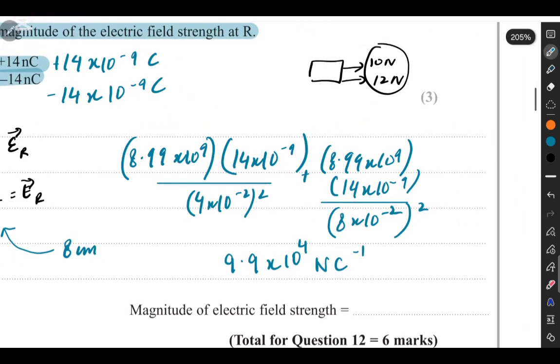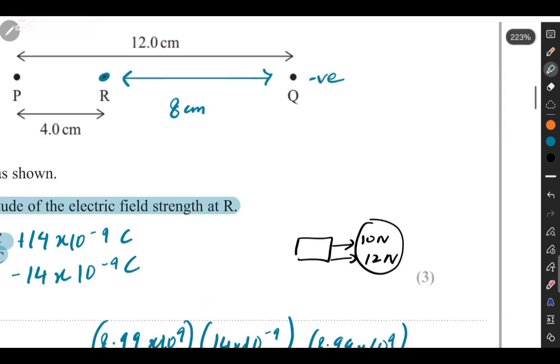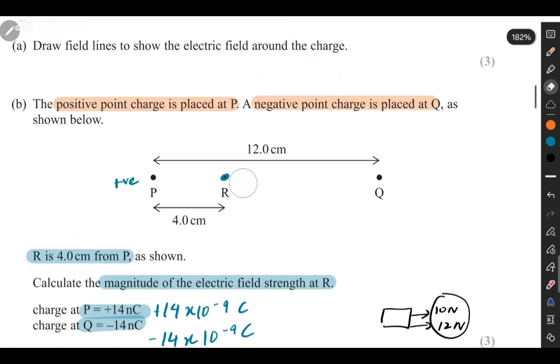Now, there's one question that might come to your mind. Why did I not take the negative sign here? That sometimes pops up as well. Well, if you rewind back in the video, I showed this is the direction of the electric field of P, and this is the direction of the electric field due to Q. Make sense?